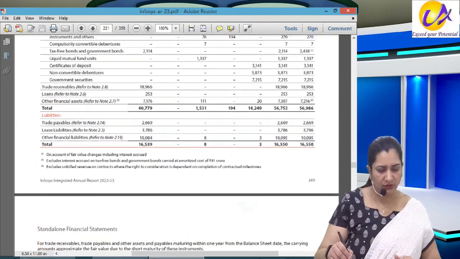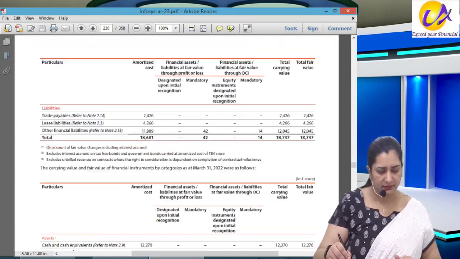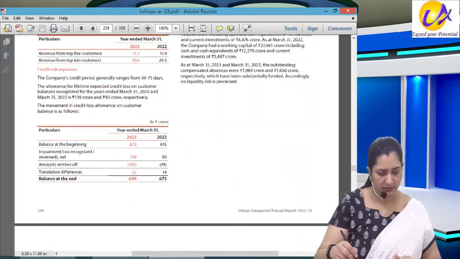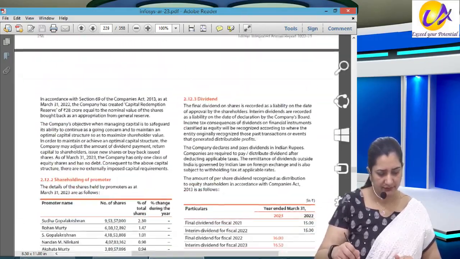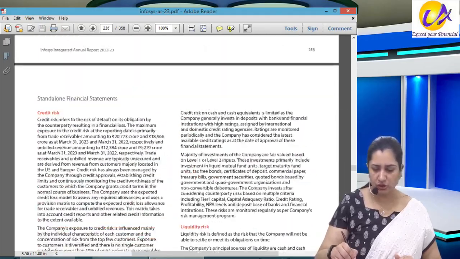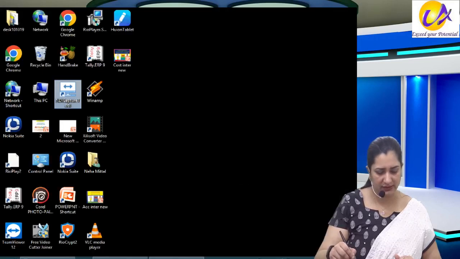Okay. Now here comes your liabilities. No, not yet. Yes. Here are your liabilities, equity.